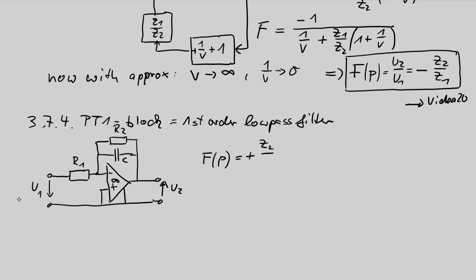Of course, this is still an inverting amplifier, but in my equation the minus sign is gone. So the transfer function is just the ratio of the impedances: Z2, the feedback impedance, divided by the input impedance. Input impedance is easy, it is R1. Feedback impedance is a parallel circuit of C and R2.